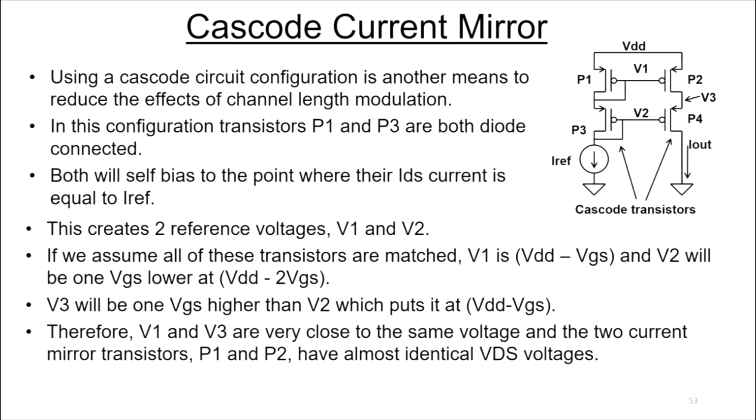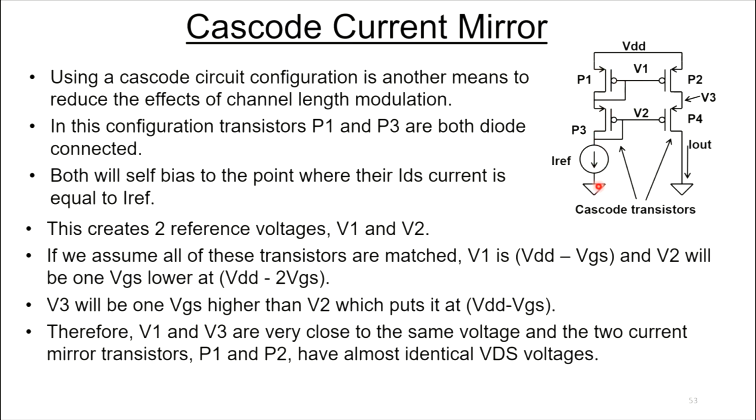Using a cascode configuration, this is a circuit configuration, is another means for reducing the effect of channel length modulation. And what we've done here is we've stacked a couple of devices, and now you can see we have two diode connected devices here.